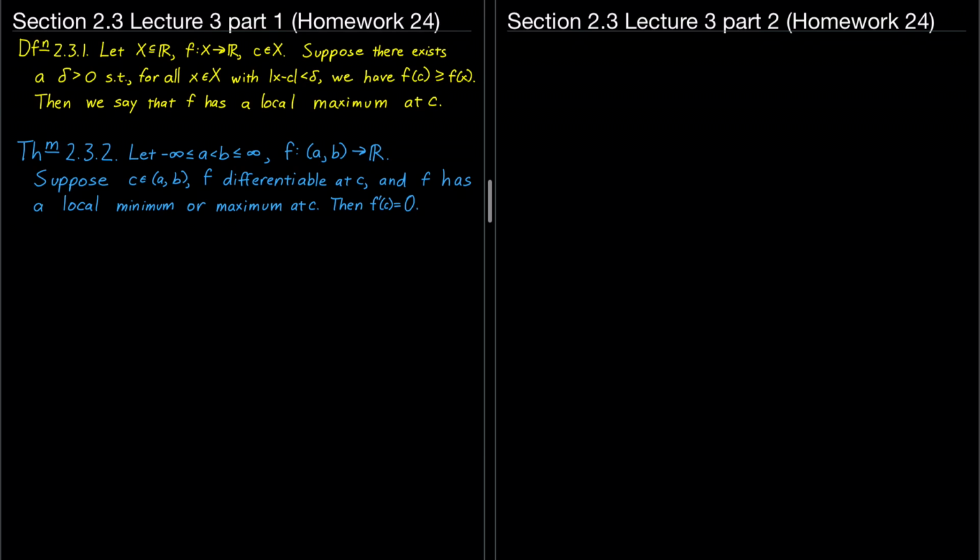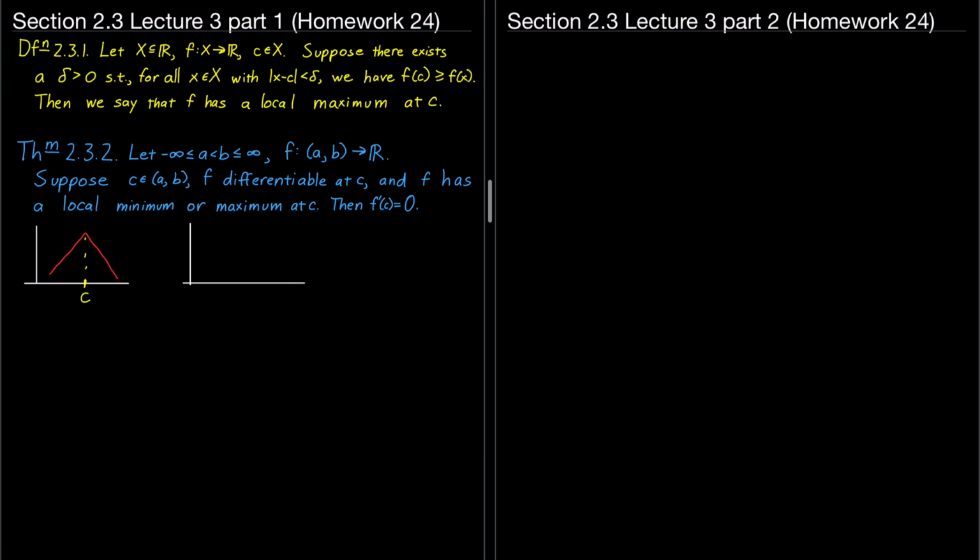Quick sketch of some of the ways this can be strange. For example, this function has a local maximum right here, but the derivative doesn't exist, so the derivative is not 0. Other example, and here's why I made such a fuss about the domain.